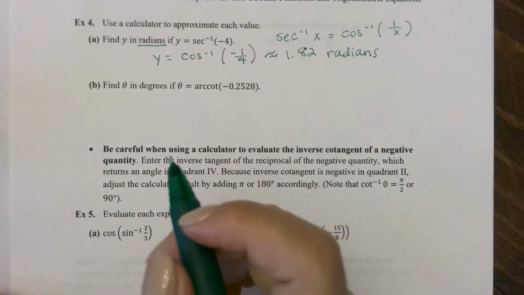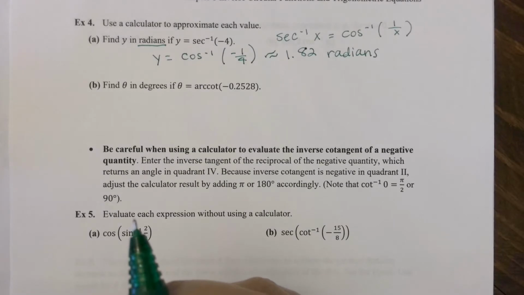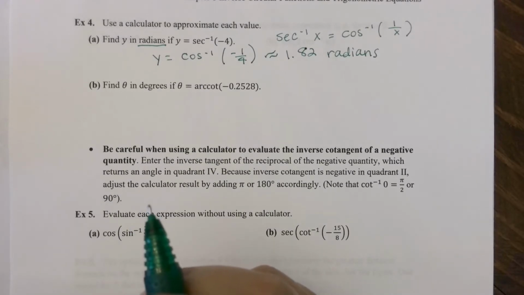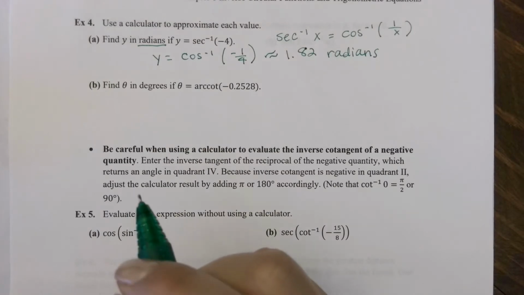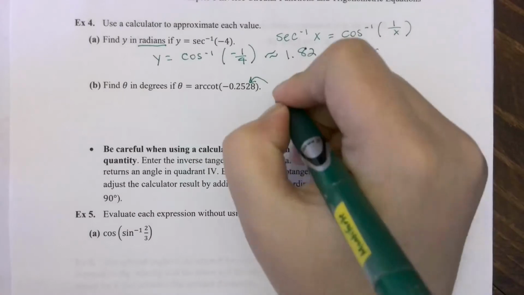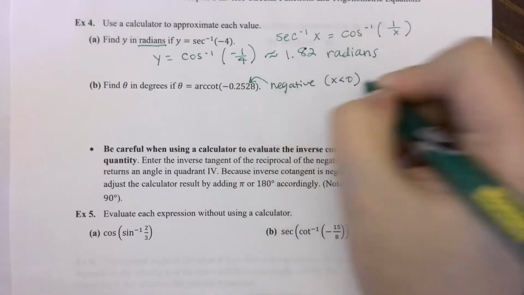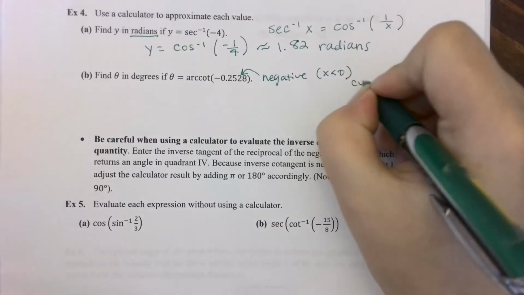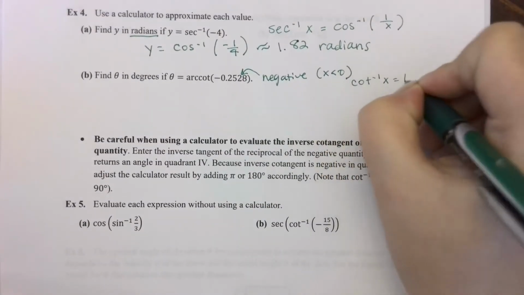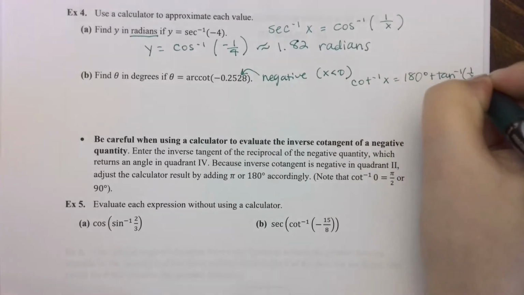B, find theta in degrees if theta equals arc cotan of negative 0.2528. Remember for cotangent that if this is negative, which it is, we must use cotan inverse of x equals 180 degrees plus tan inverse of 1 over x.